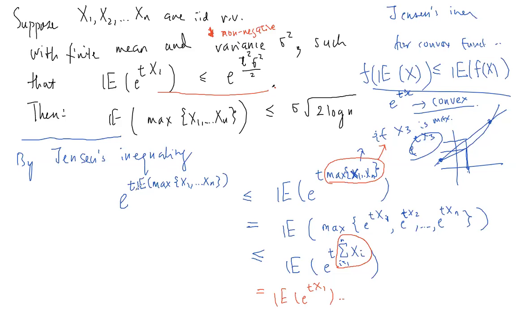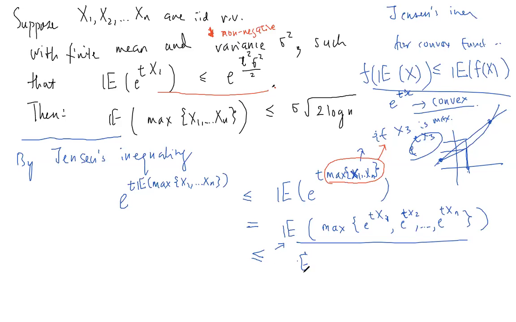Okay, sorry, no. I made the wrong comparison. I should not compare to this part. I should compare to this part. It's the same here. This is definitely less than the following.